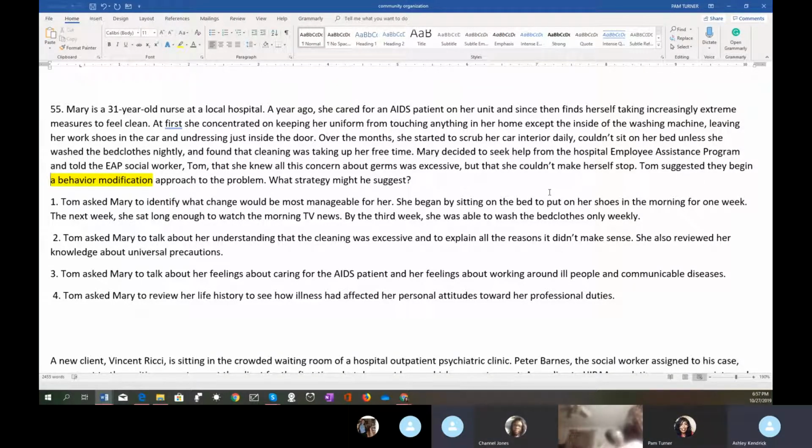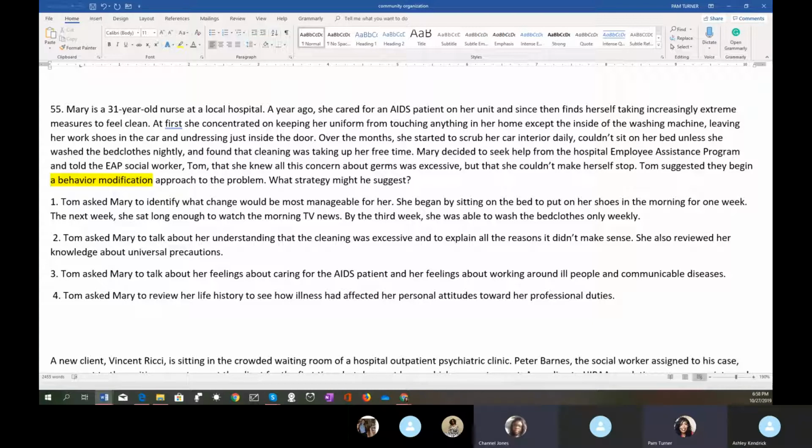No, it just says a behavior modification approach. Do I spend time on thinking about it or processing it? No, you're modifying a behavior, so you're going to take action. Exactly. So then what's my answer? Number 1. It is 1. Did you get that? Because the question clearly states it's a behavior modification approach.